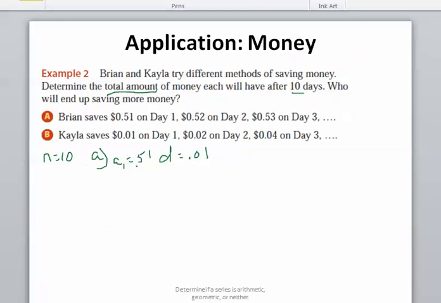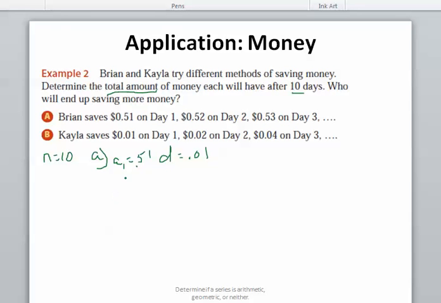Right? So let's come here. Do we know that? Well, we can figure out what it is on day 10. They will have added 10 cents onto it, so it'll be, oh, hang on a second. Okay, well, we don't know a sub n, do we?